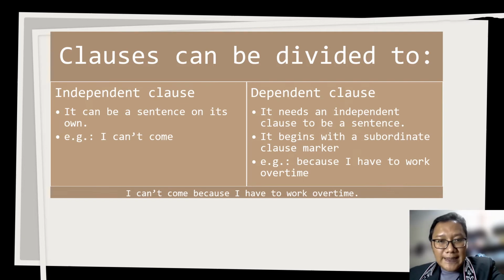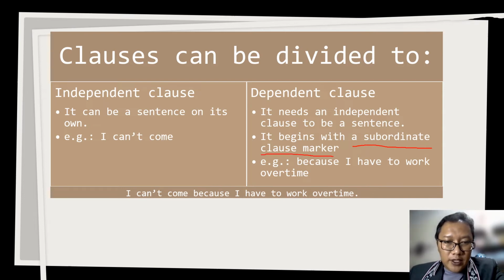The other one is the dependent clause. It needs an independent clause to be a sentence. It begins with a subordinate clause marker. It can be in the form of a subordinate conjunction, a relative pronoun, or a noun clause marker.